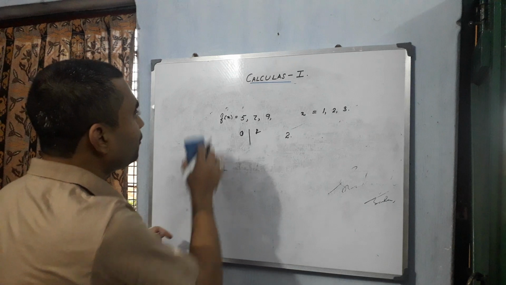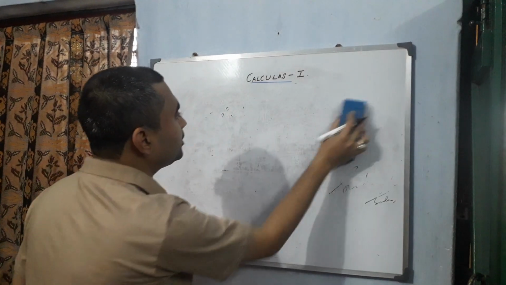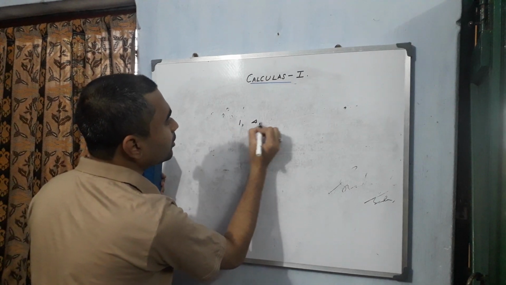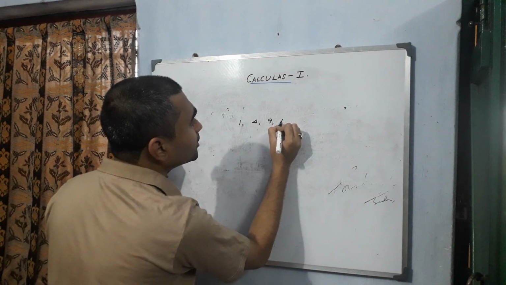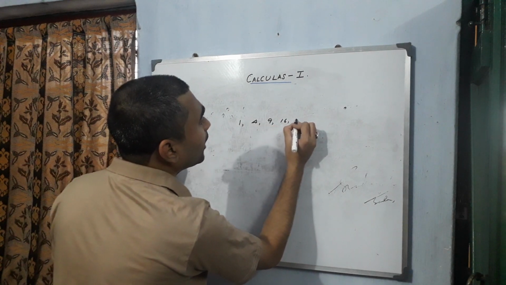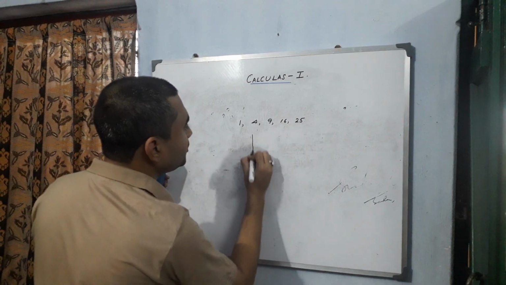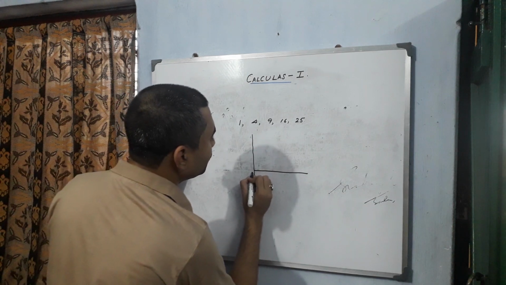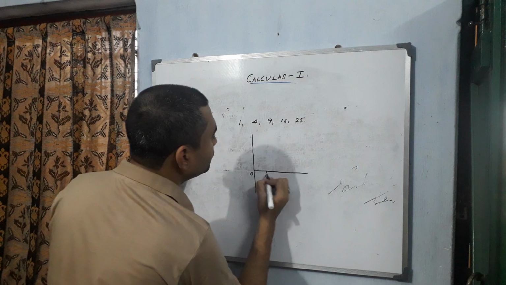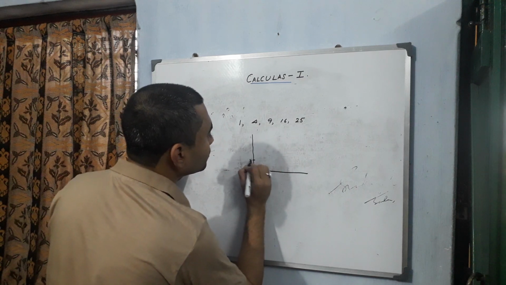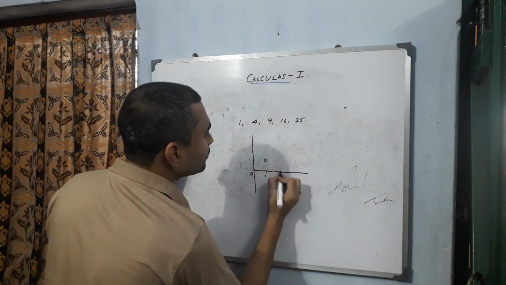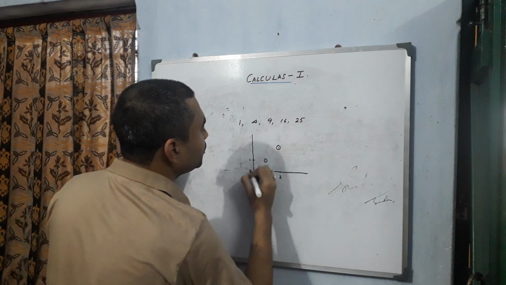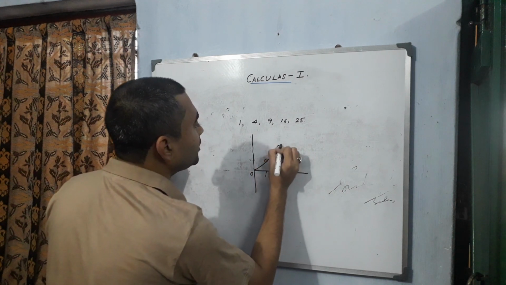But if we have some other functions, like we consider a case which starts off with 1, 4, 9, 16, 5 square is 25. So this is 0 for 0, 1 for 1, 4 for 2, and it goes steeper and steeper.